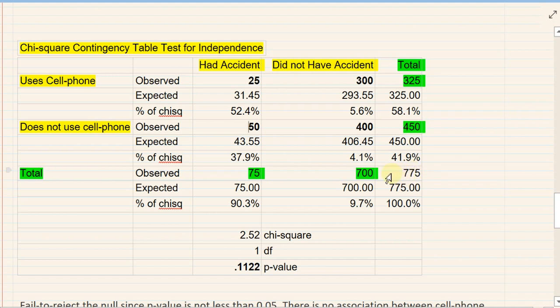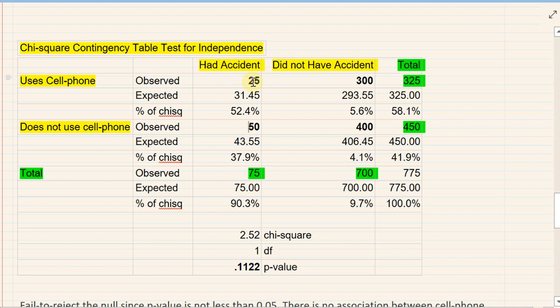Of these 775, those who use cell phones, 325. 450 did not use a cell phone. How many had an accident? The total is 75. How many didn't have an accident? 700 did not have an accident. Now, those who had an accident and used a cell phone, 25 people qualified.